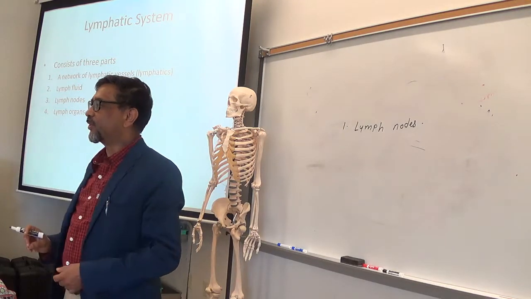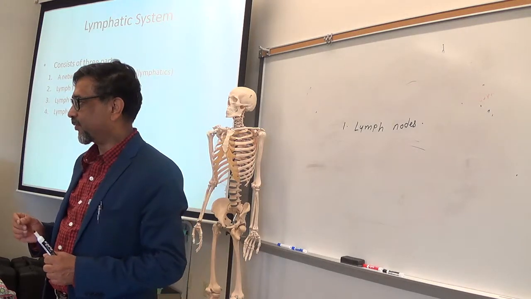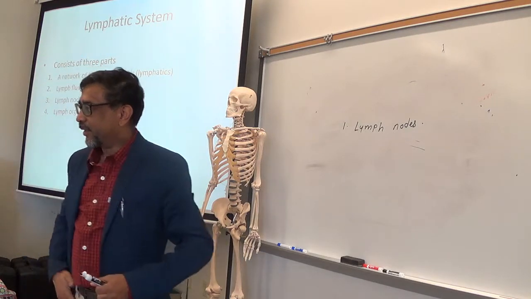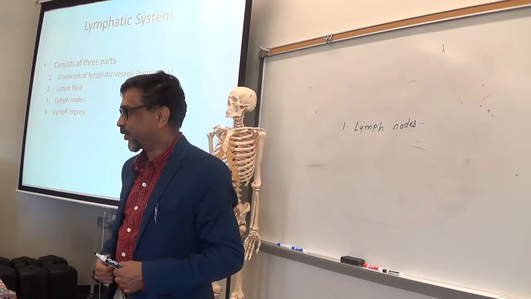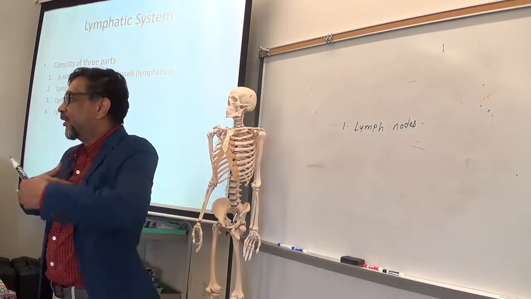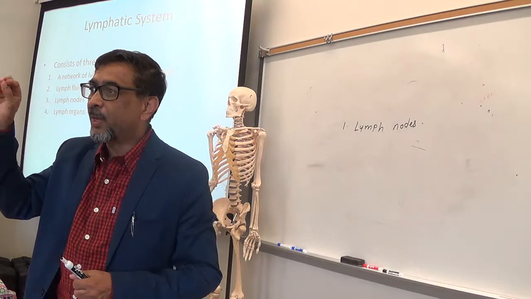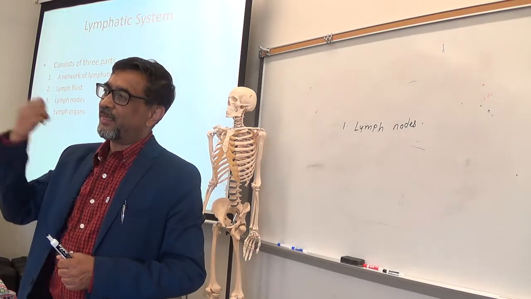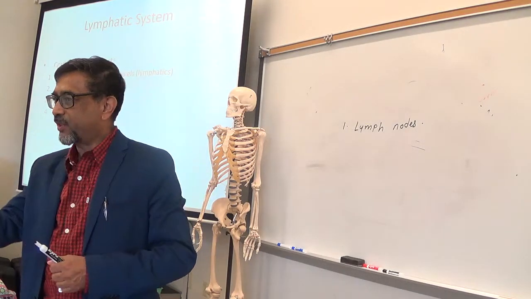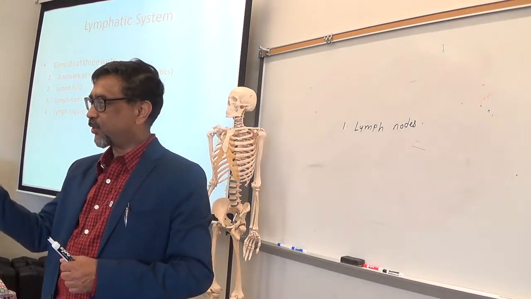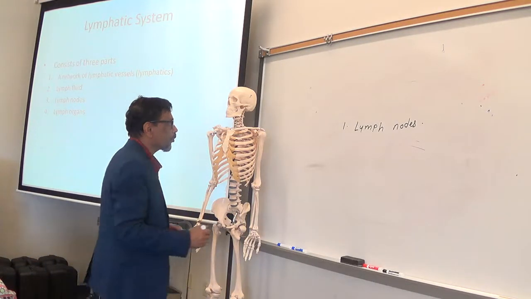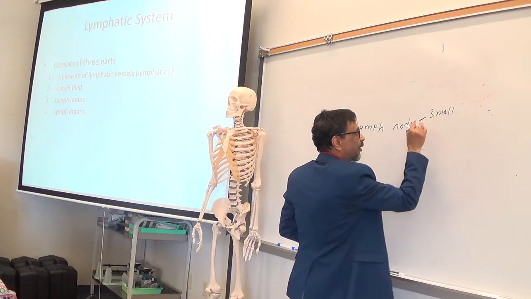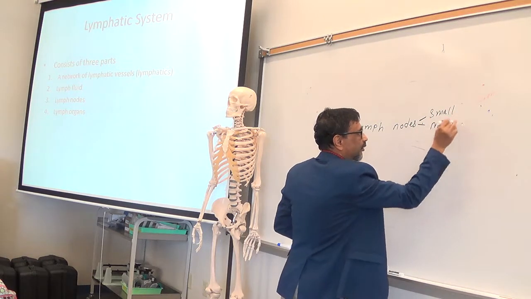But in some locations, the lymph nodes are clustered, for example in your neck, axillary area, inguinal area. When you go to see your doctor, sometimes they quickly check like this, right? Those are the locations where the lymph nodes are clustered. And if any infection occurs in the body, lymph nodes can get enlarged. Swelling of the lymph node can occur. So lymph nodes are small, round, and many in number throughout the body.